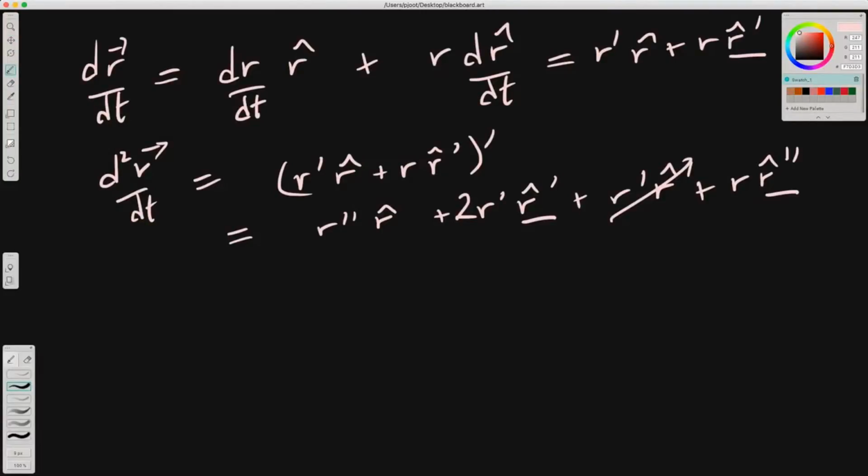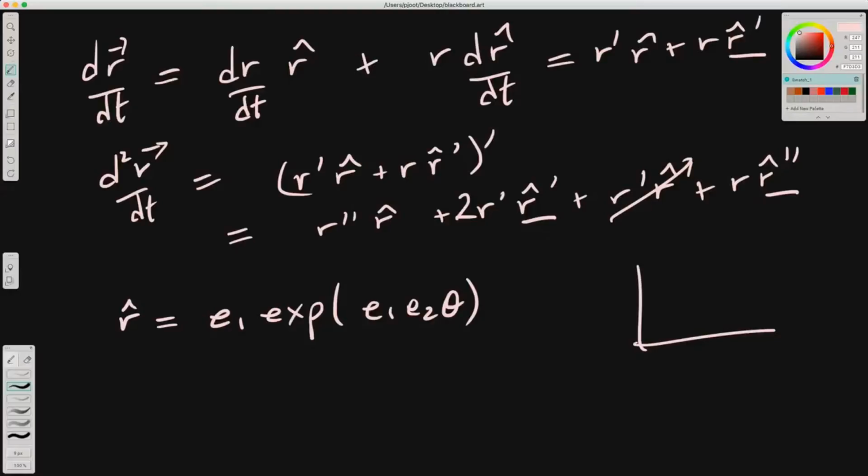So, in geometric algebra, we can write the unit radial vector as e1 times the exponential of e1 e2 theta. So that is e1 cos theta and e2 sine theta.